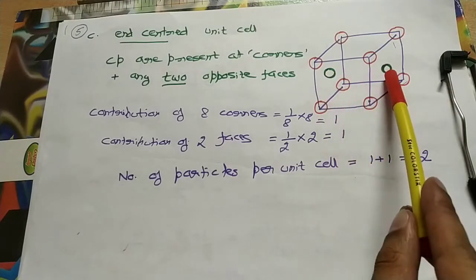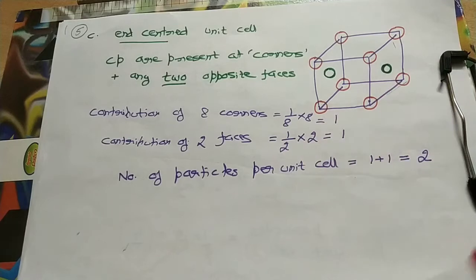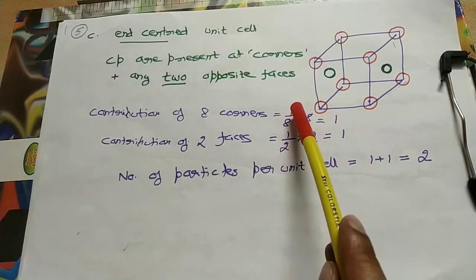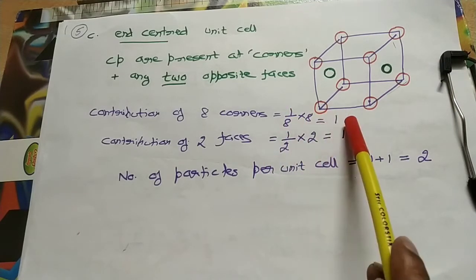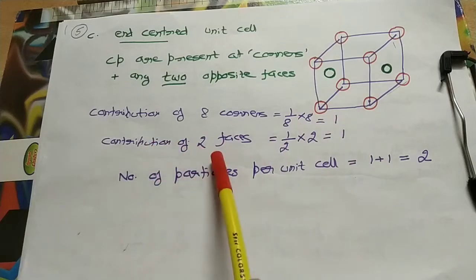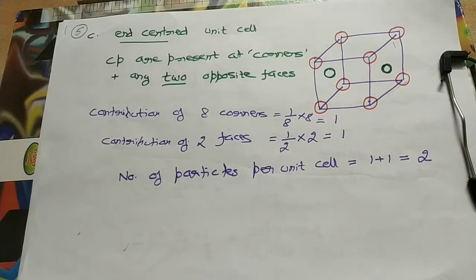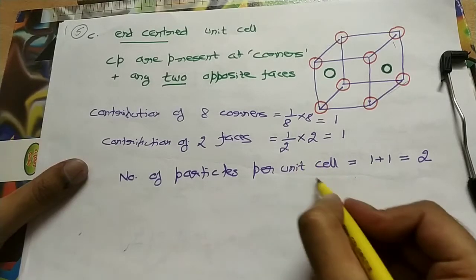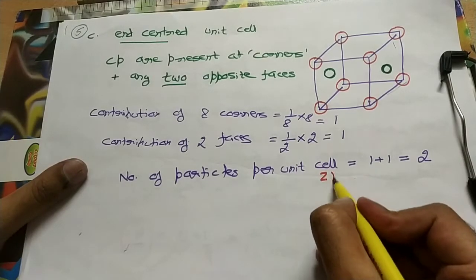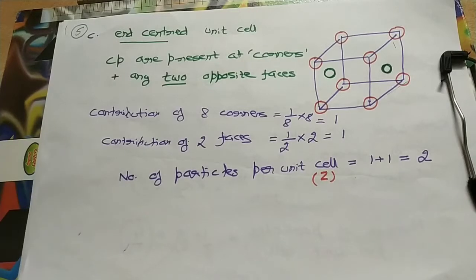One particle, second is on opposite side. ठीक है. Corners contribution is 1 by 8 into 8 equal to 1. Contribution of two faces is half into 2, 1. So number of particles in end-centered unit cell Z equal to 1 plus 1, 2. Okay.